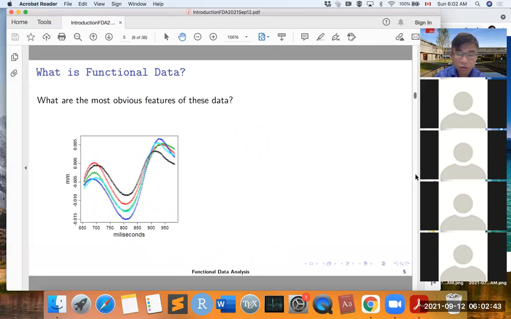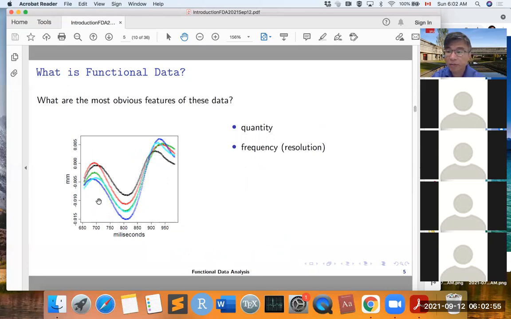For functional data, the main feature in this handwriting example is that the measurements for each curve are pretty frequent. This is how functional data started.